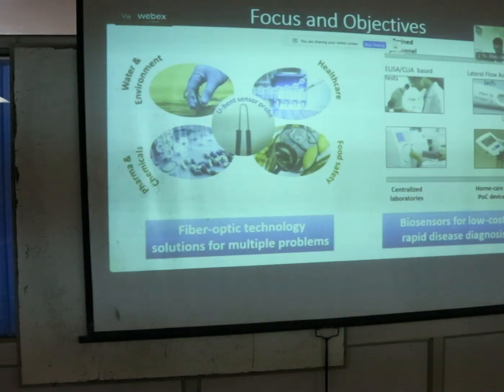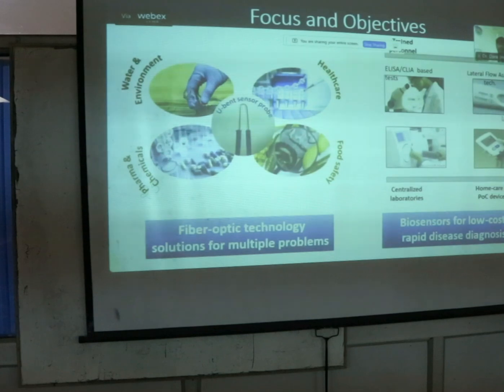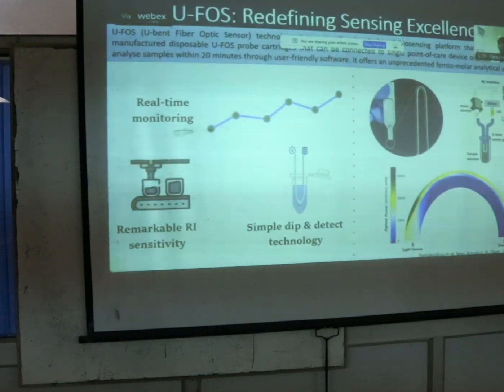This technology was a very simple one, in which you could do one test at a time, portably, or keep a bunch of the same U-bend sensor probes to test multiple samples at a time. So this can be a very cost-effective, rapid diagnostic portable device which can be used at any point of time.